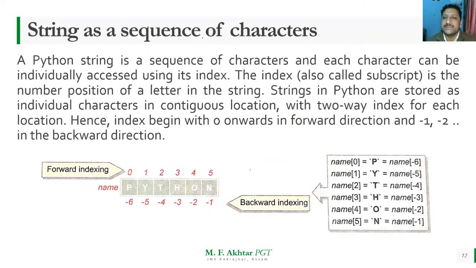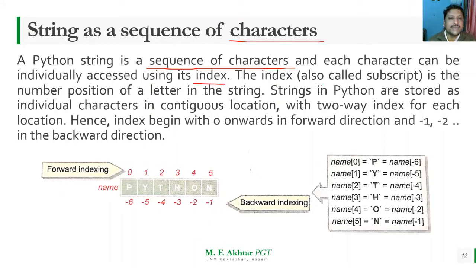Now next, string as a sequence of characters. Now how does the Python language process this string data type? A Python string is a sequence of characters: letters, symbols, or a mix of numbers, symbols, and alphabets, and each character can be individually accessed using its index.